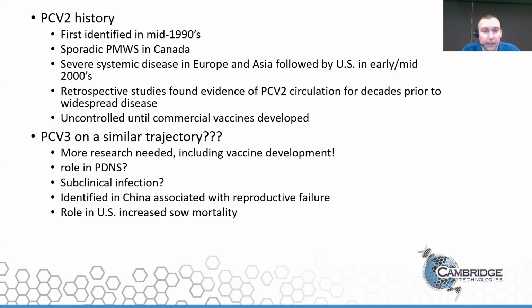So I think it's something we need to pay attention to, think about, and be proactive about. And the last point, I really don't have much data on, but there's been a lot of talk lately about increased sow mortality across the U.S. in general. So I throw this out there simply as something to think about: does PCV3 play a role in that?